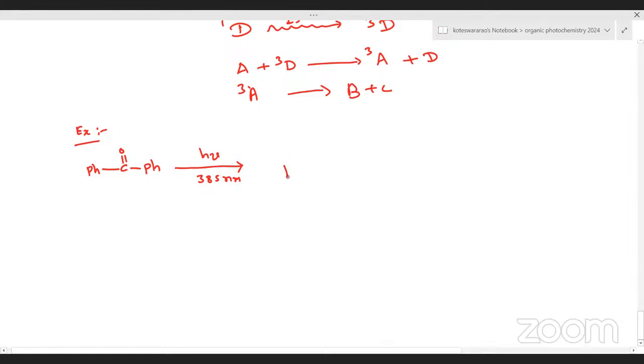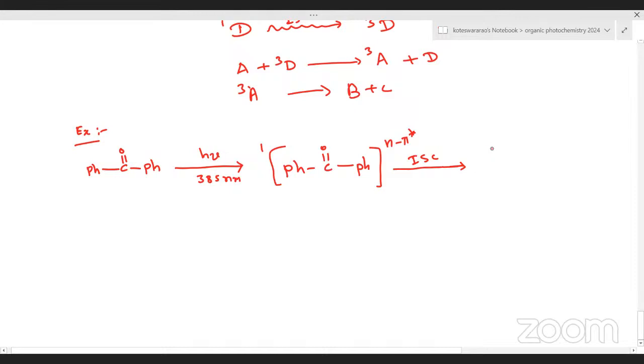The first excited state of benzophenone is shown like this. That is the n to pi star excited state, the first excited state of benzophenone. Now again, for this first excited state we can also show a straight arrow, but mention that it is undergoing intersystem crossing.